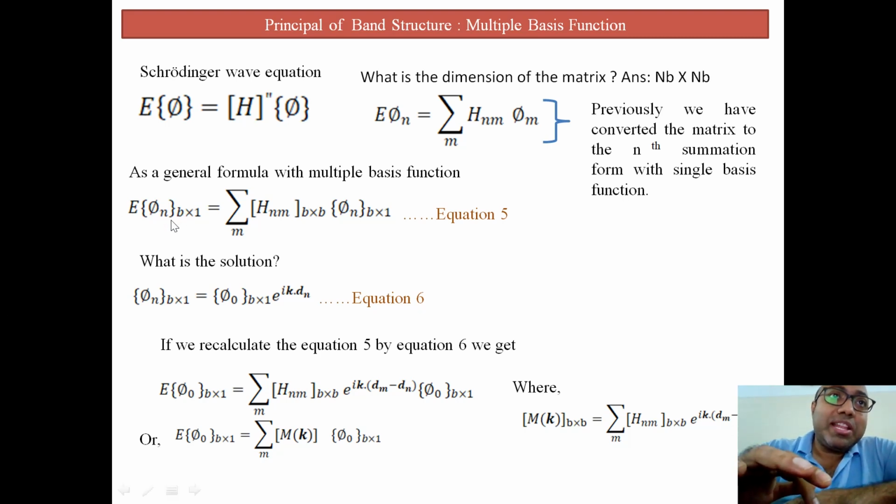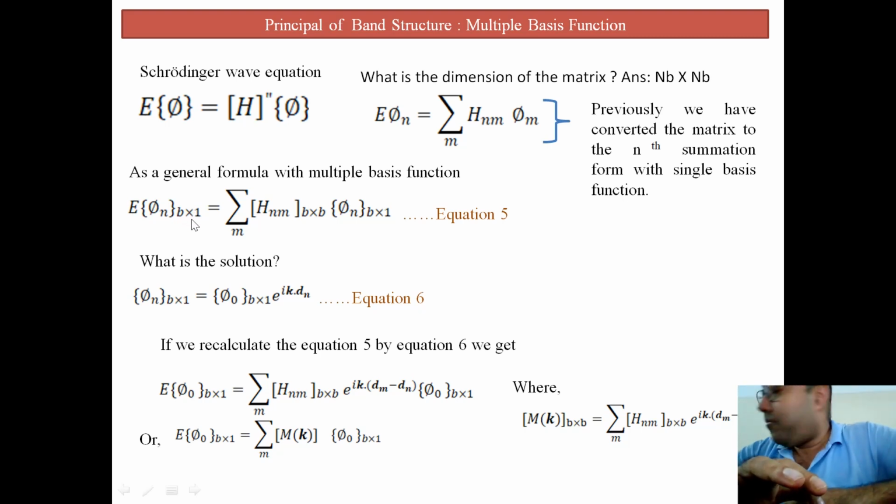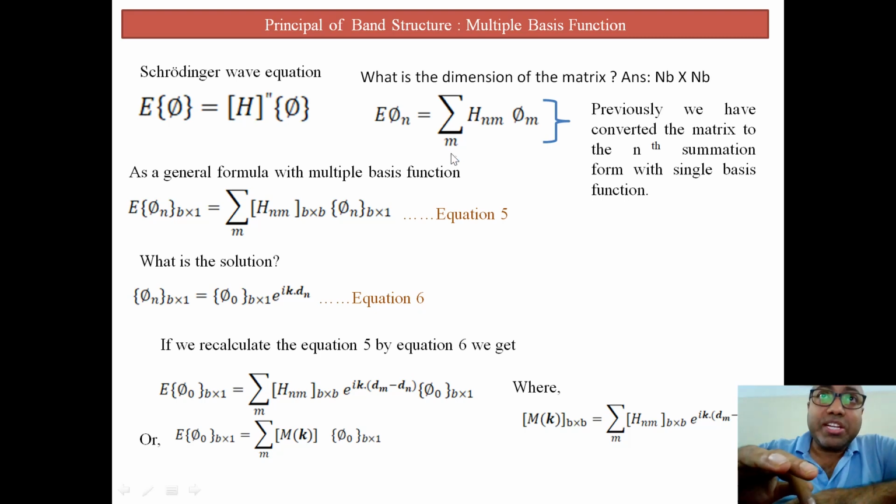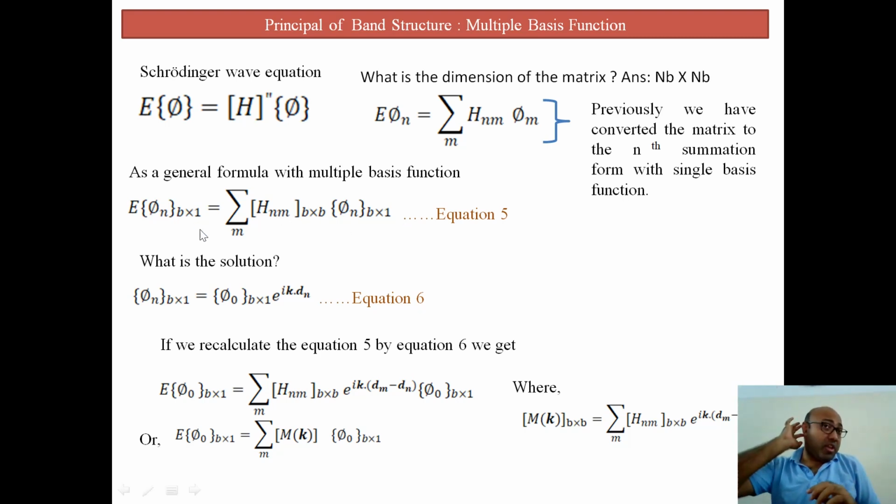Now here you see, suppose the dimension is b cross 1. Similarly, we have the summation. The matrix dimension for H and M is b cross b, suppose, and phi is b. What it tells you is, suppose you have one basis function. Then for E phi n, b would be 1.